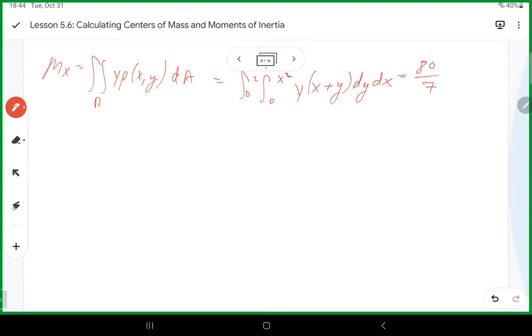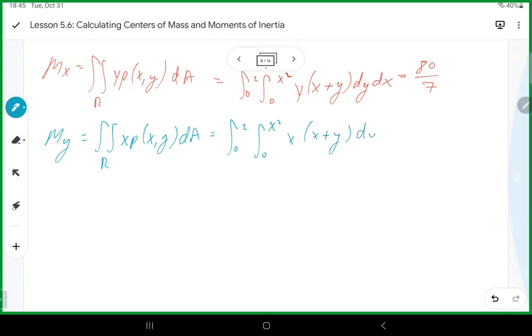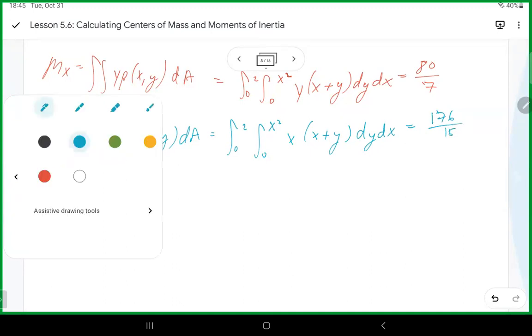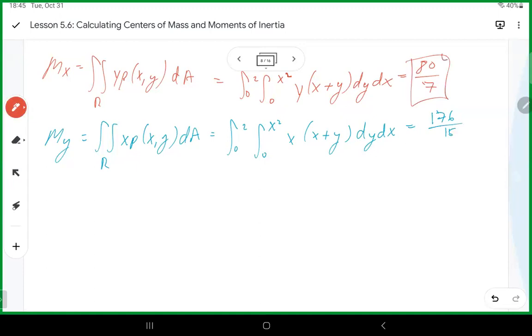Okay. So that is those two parts. And now we're going to use those to find the center of mass.